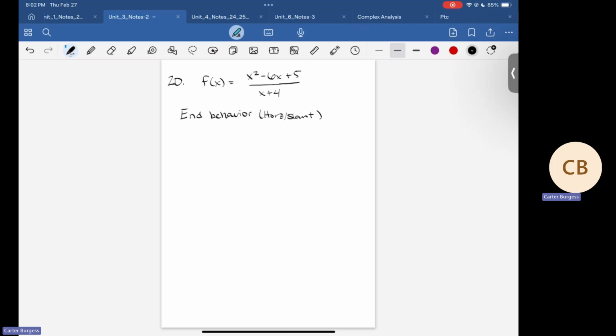And then we have the zero of the denominator asymptotes, which are going to be our vertical asymptotes, or theoretically holes, which we'll want to make sure that we're avoiding.